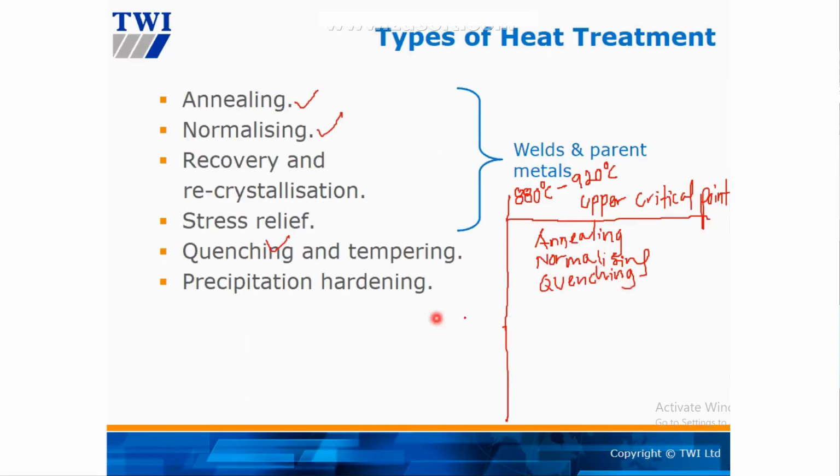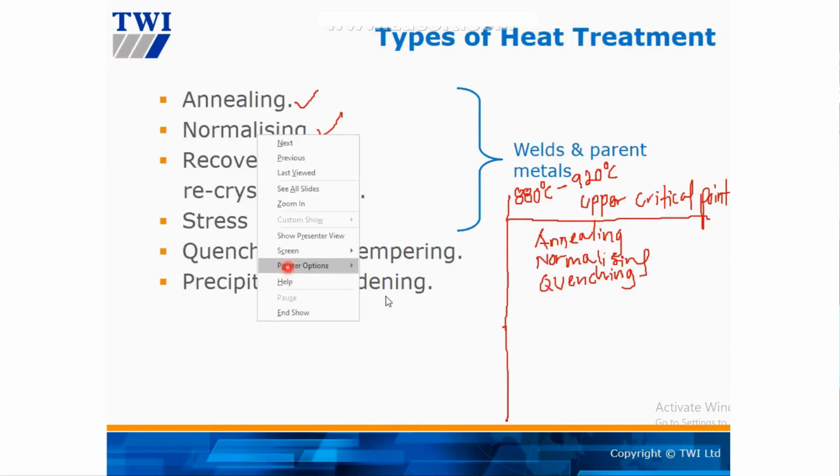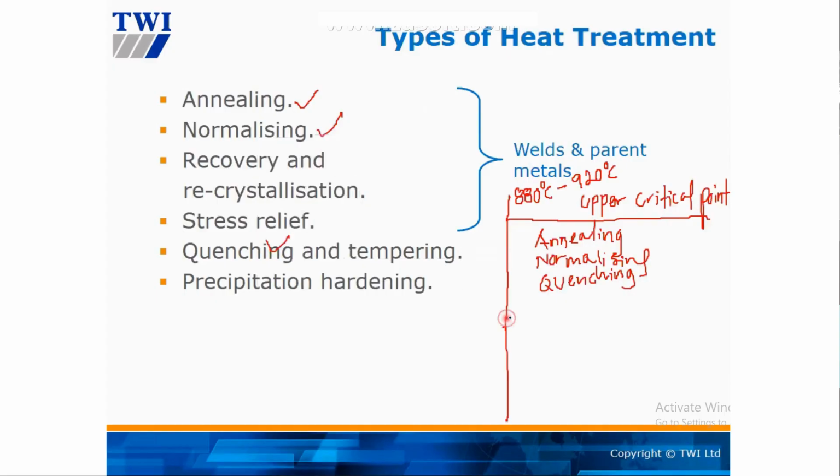All right. Then we have another critical point, which must be lower than 723 degrees C. They call it the lower critical point or lower critical temperature.